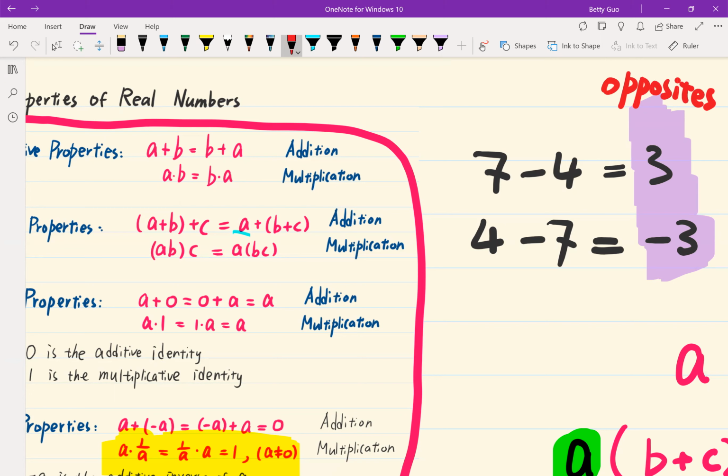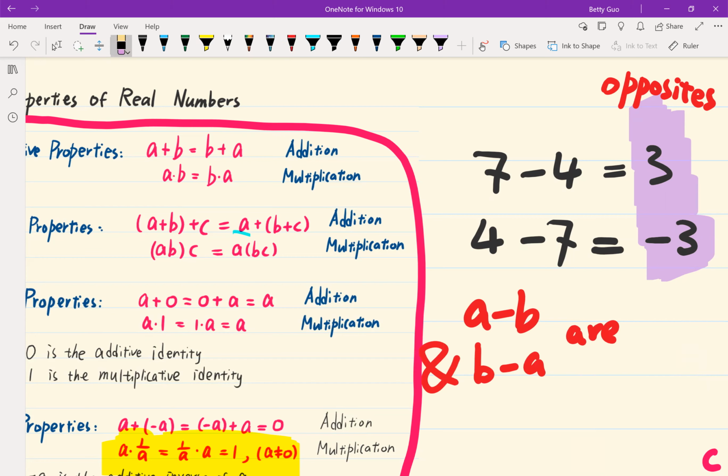As a conclusion, you probably want to write it down. 7 minus 4 and 4 minus 7 are opposites. The pattern is always true. Means what? Means A minus B and B minus A are opposites. They are not the same. They are opposites. You see what I'm talking about?